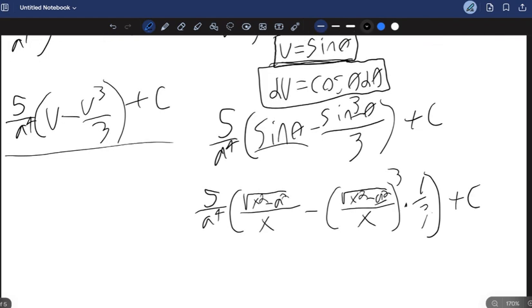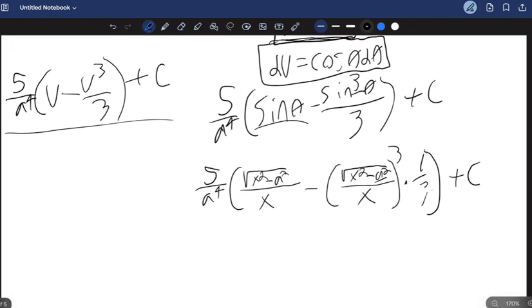And then I would start plugging in my a squared. Mm-hmm. So we just replace that all with square root of 2. 5 over 4. Okay. Square root of x squared minus 2 over x. Yep.